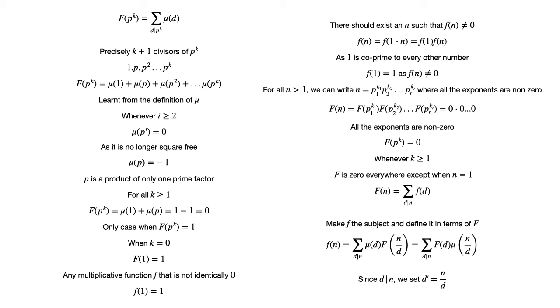Since d divides n, we set d prime equal to n upon d, and as d runs through the divisors of n, so does d prime, but in the opposite direction. More precisely, the sum as d divides n of capital F of d multiplied by mu of n upon d equals the sum as d prime divides n of mu of d prime multiplied by capital F of n upon d prime. This is exactly the same formula, but with d replaced with d prime.